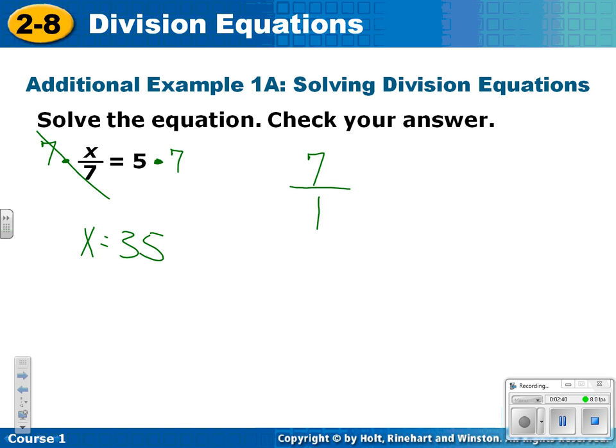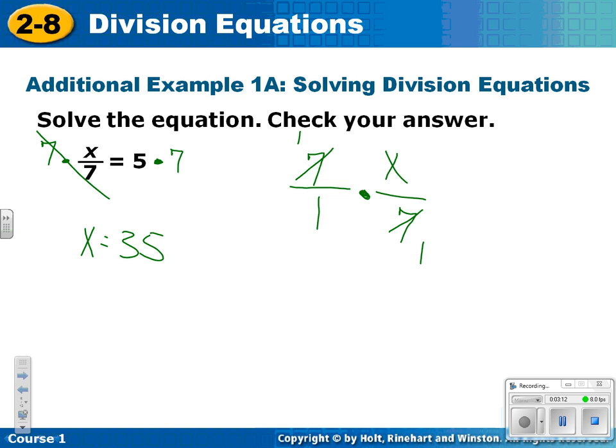So we have 7 over 1, and then we have x over 7. If you know anything about multiplying fractions, you know that one of the tricks of multiplying fractions is you can take this and divide this by 7 and make it a 1, and if you divide this by 7, you make it a 1. If you can divide both those things by 7, those reduce like that.